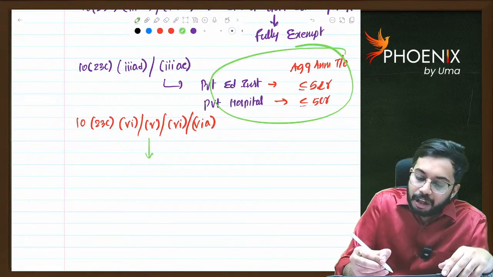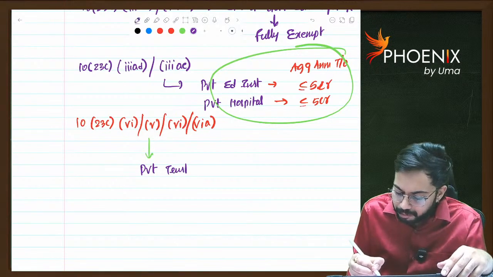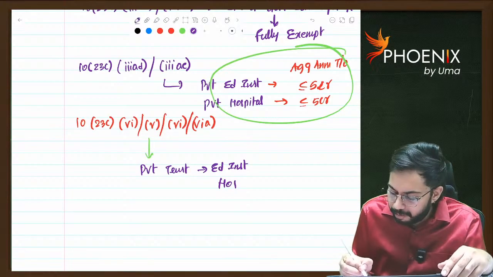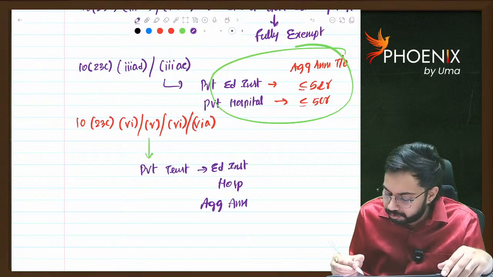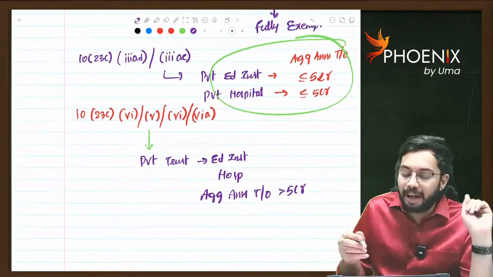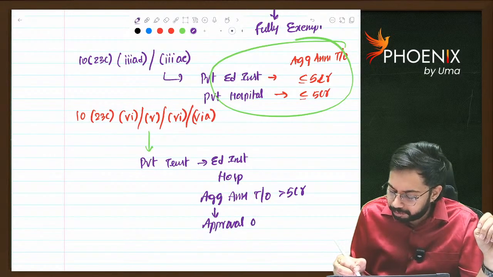However, in case of any private trust, educational institution or hospital whose aggregate annual turnover is more than 5 crore rupees, they are required to get approval of CIT or PCIT.